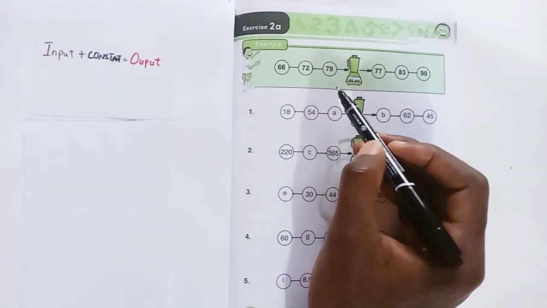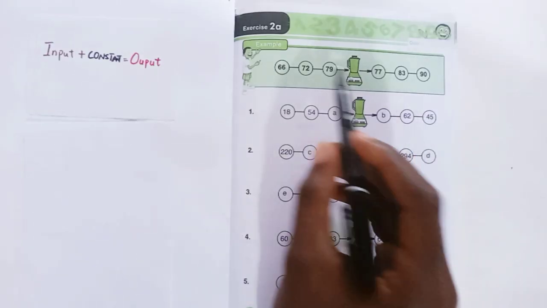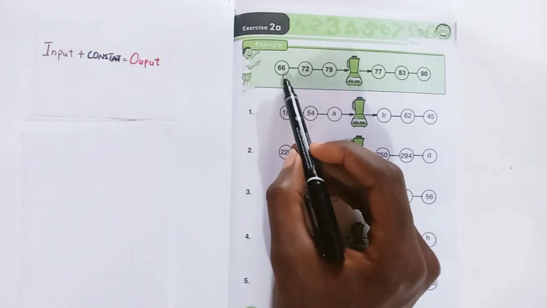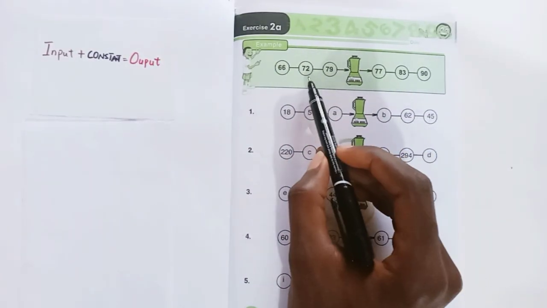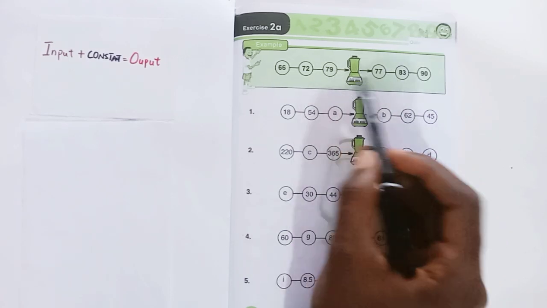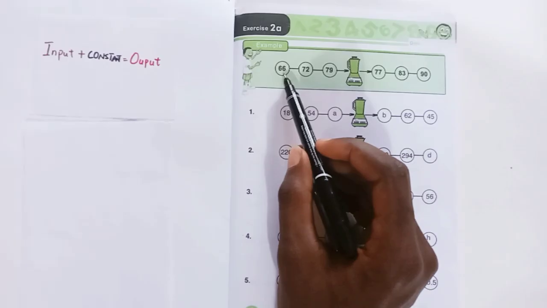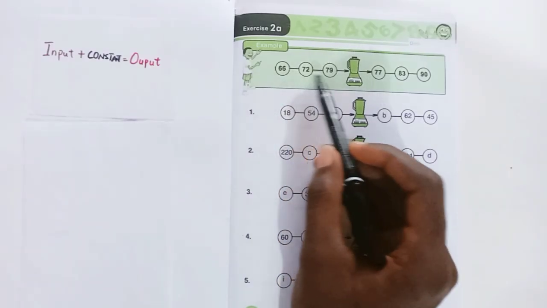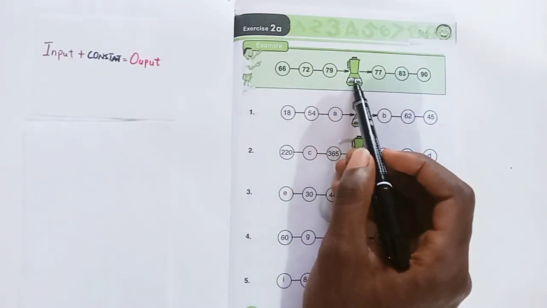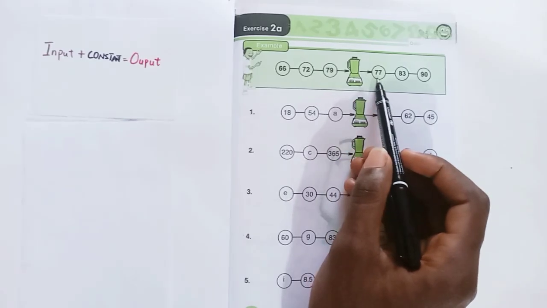The example here: you can see we have 66, 77, 72, 83, 79, 90. If we put 66 plus the 11, which is here, it will give us 77.